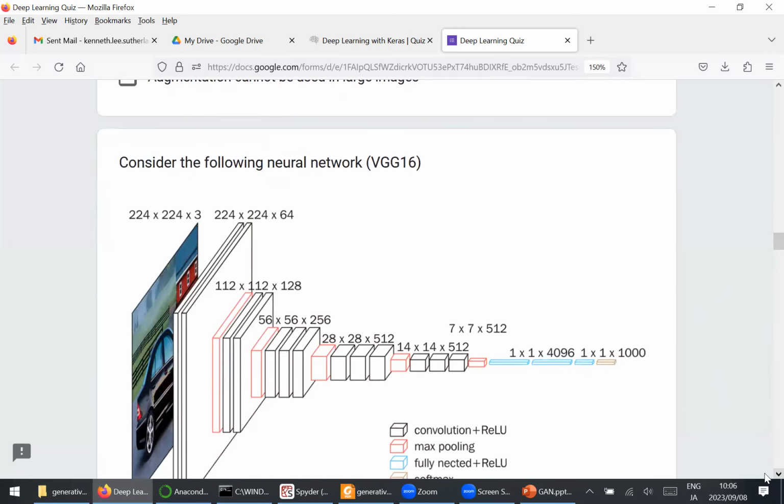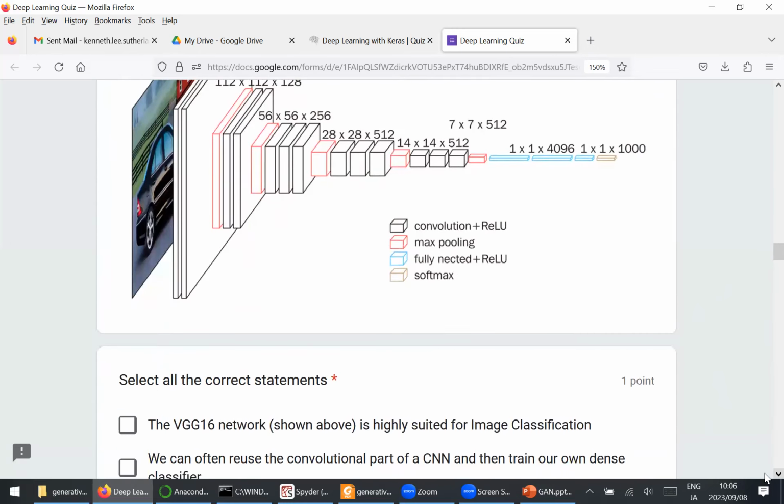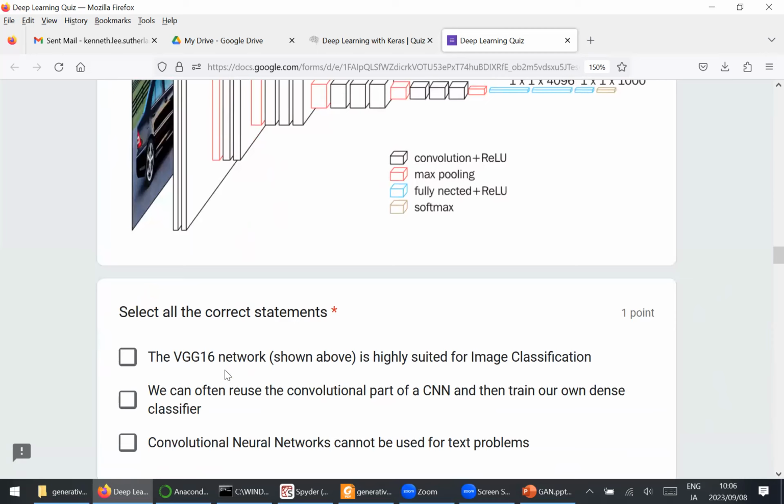So consider the following VGG16. The VGG16 network shown above is highly suited for image classification. So yeah, VGG16 is what it's used for. We can often reuse the convolutional part of a CNN and then train our own dense layers.